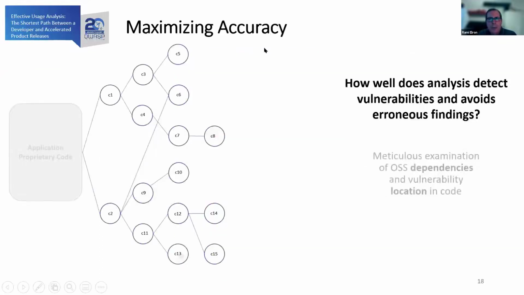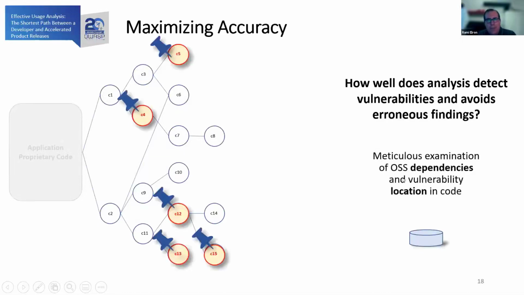Now, the question would be, how well does analysis detect vulnerabilities and avoid erroneous findings? And this is the accuracy aspect. Here we go back to the point we mentioned earlier, that the meticulous, painstaking investigation that was run earlier and places the information of the findings within some kind of data store is now inspected.